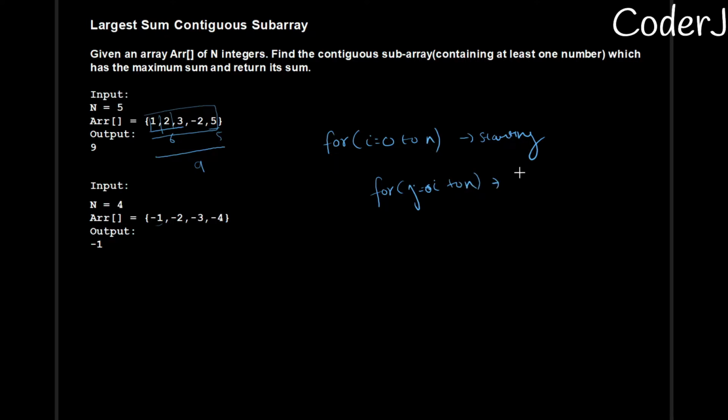This is used to determine the size of the subarray, and then you use another loop for k equal to i to j, that is used to traverse the subarray. In this way, k can be used to traverse all the subarrays, and you can find whichever one has the maximum value. This is also the pseudocode for printing all the subarrays, right?